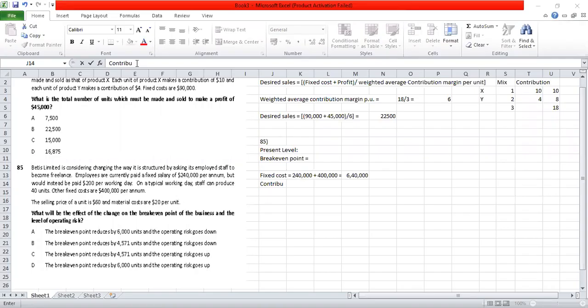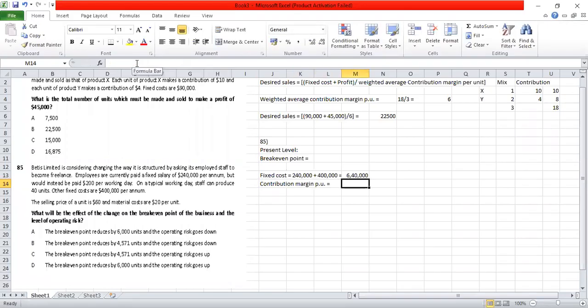Okay, sorry about that. Let's continue. Contribution margin per unit is equal to, how much is sales?